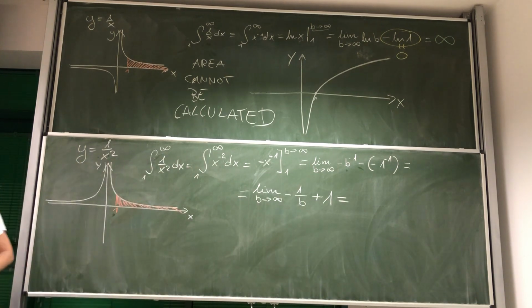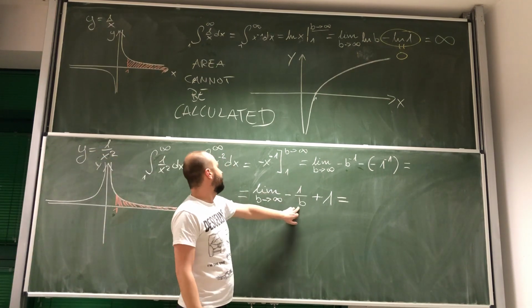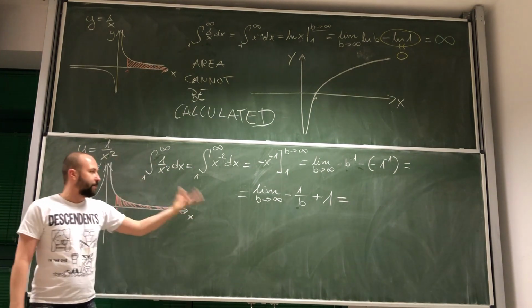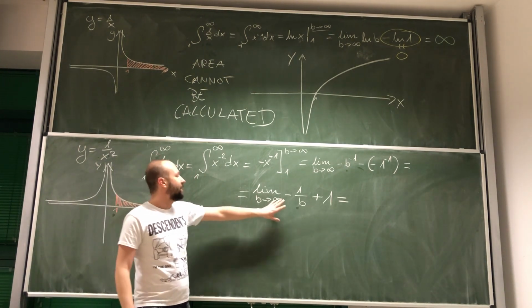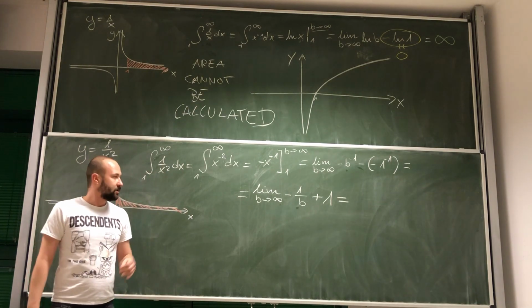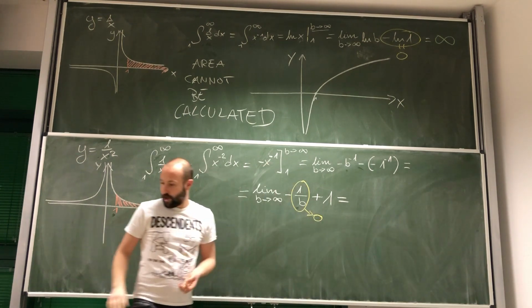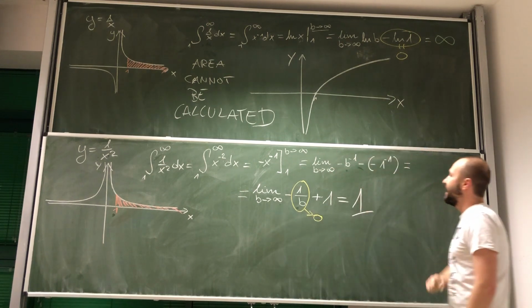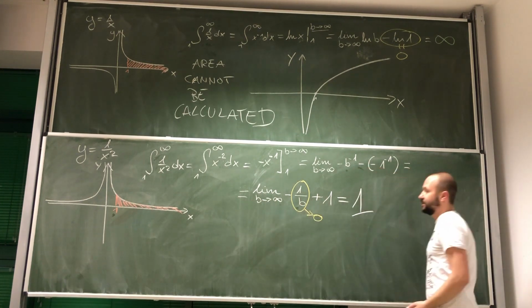Okay, so now let's think, what is the value of this expression? Look, if we divide 1 by b, and b is getting bigger and bigger, the expression gets smaller and smaller. So as b is infinitely big, so as we divide by infinity, this expression goes to 0. So look, our improper integral is equal to 1, because this turns into 0.